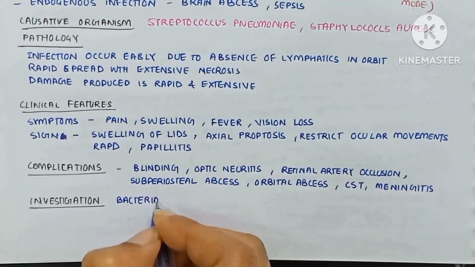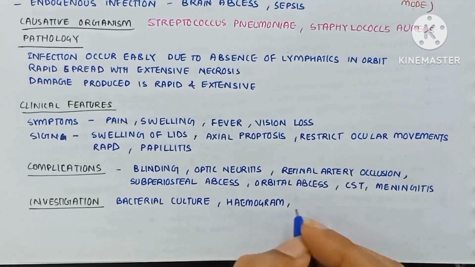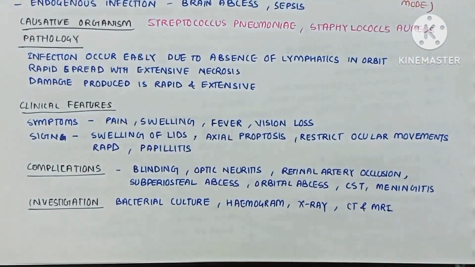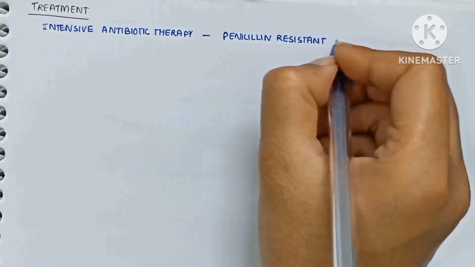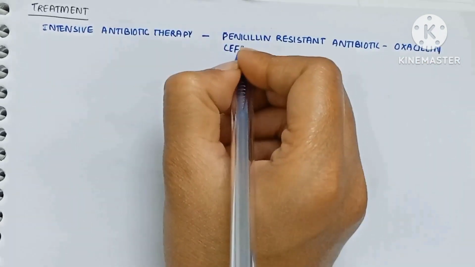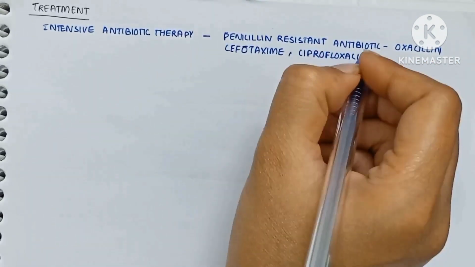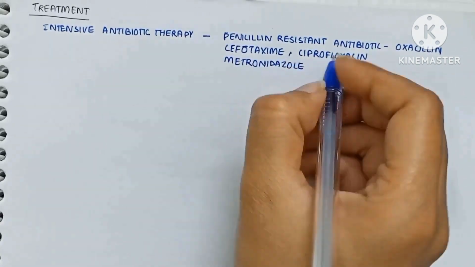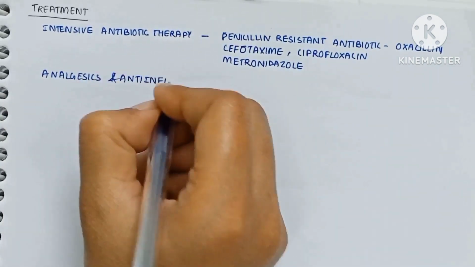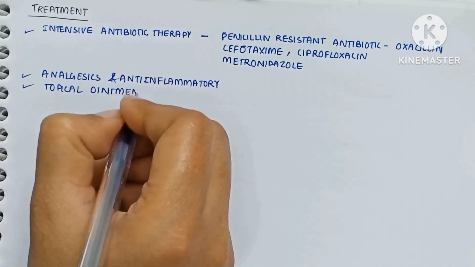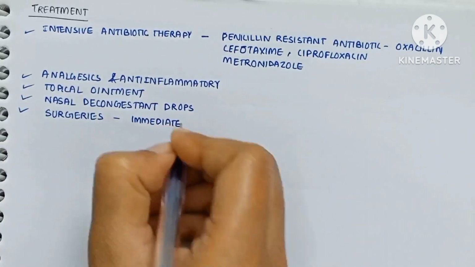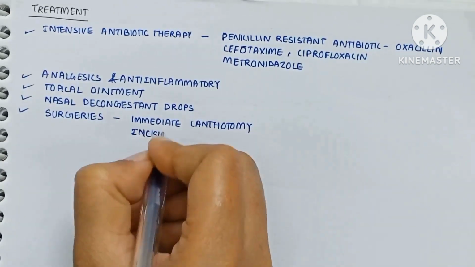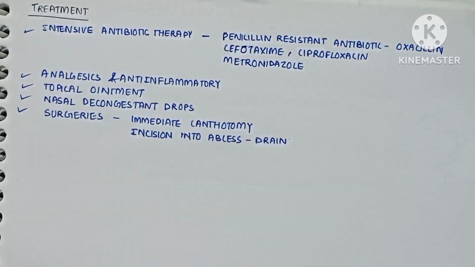The investigations are bacterial culture, hemogram, X-ray, CT, and MRI. Now the treatment is intensive antibiotic therapy: penicillin-resistant antibiotics such as oxacillin, cefotaxime, ciprofloxacin, and metronidazole, along with analgesics and anti-inflammatories, topical ointment, and nasal decongestant drops. The surgeries are immediate canthotomy, incision into the abscess, and drainage.